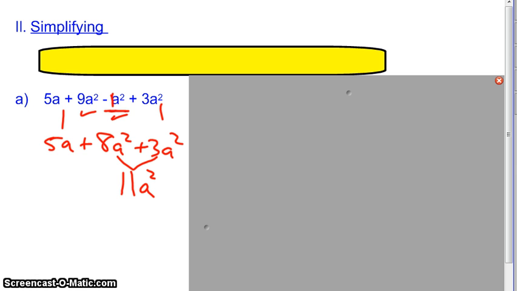They have the same variable to the same exponent. So we have 11a squared, and we still have 5a. Now, the a has an exponent of 1, that has an exponent of 2, so we cannot combine them. They're not like terms, but we can write it in standard form, which is 11a squared plus 5a, a binomial.